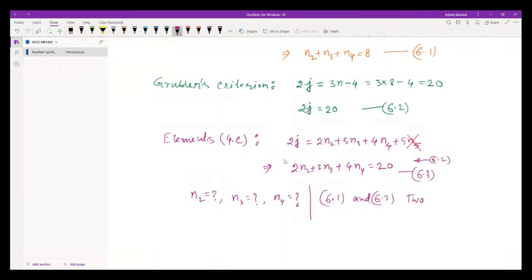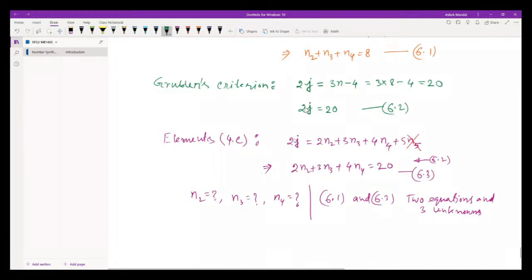These are the two equations, and we have three unknowns. Can you solve this? Two equations and three unknowns. Can you solve this? No, sir.